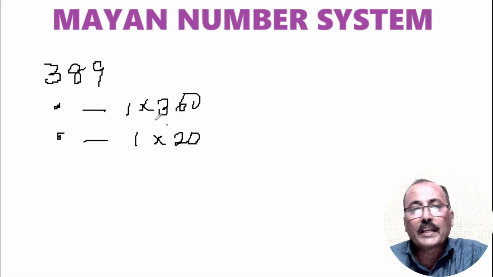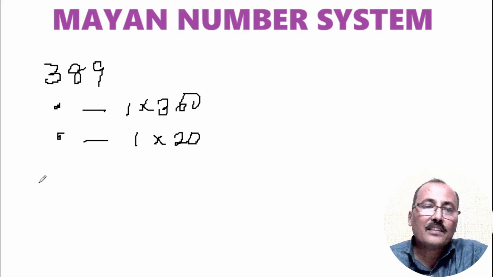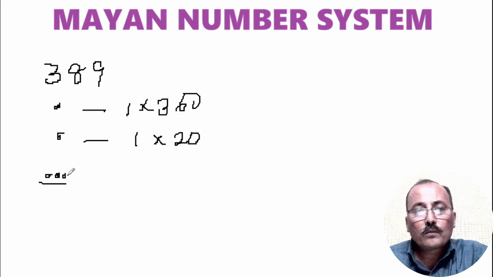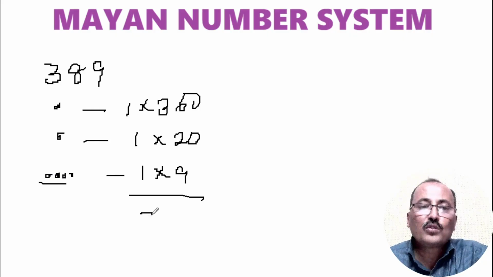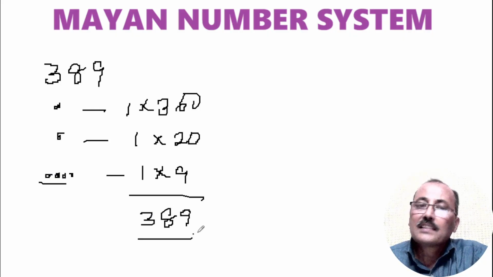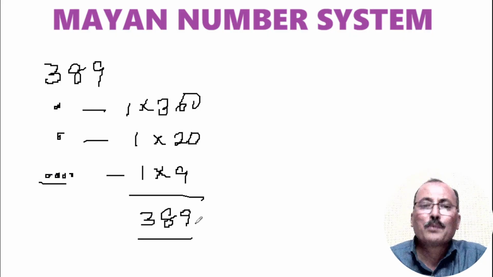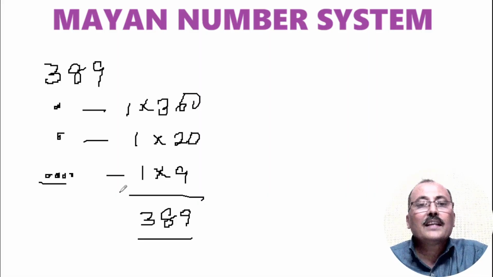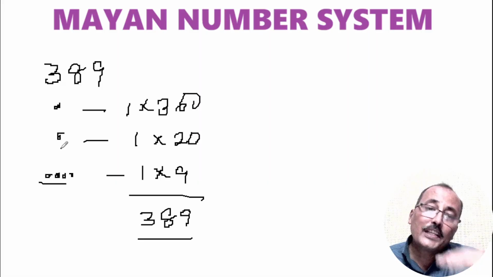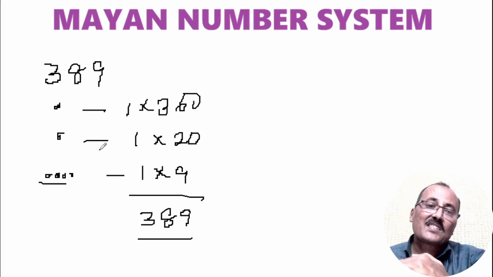Then 9, which means you have to use 5 and 4. So 1 into 9. This is 389. I hope you are able to understand, my dear children. So 389 is split into 360, 20s, and then the one's place. The 20's place can move up to 360, and when it reaches 360, you have to keep one more dot.